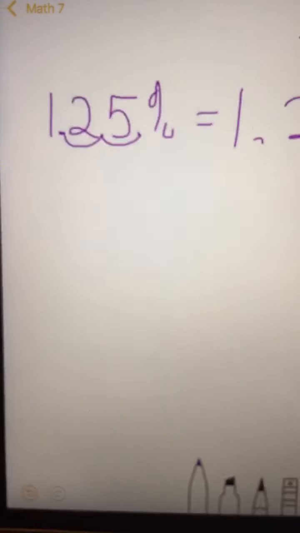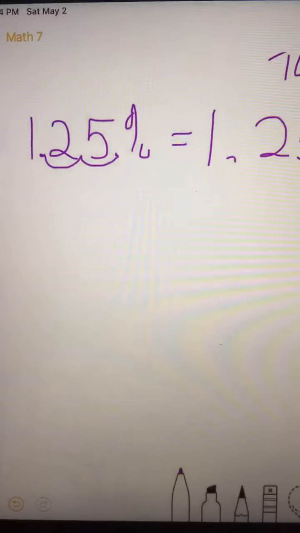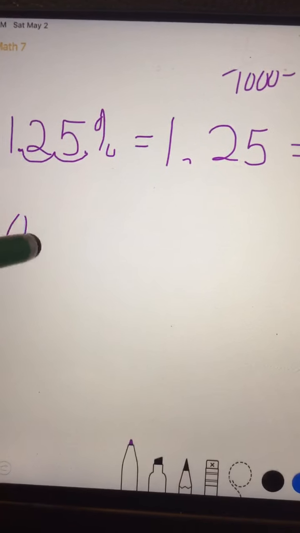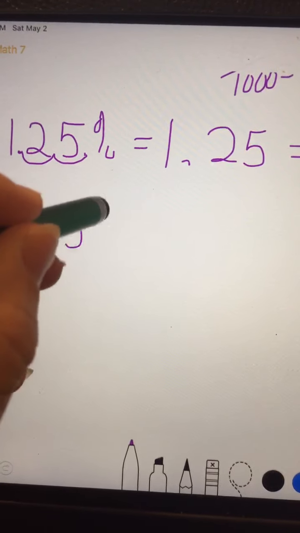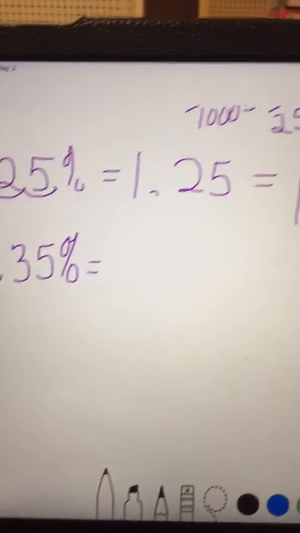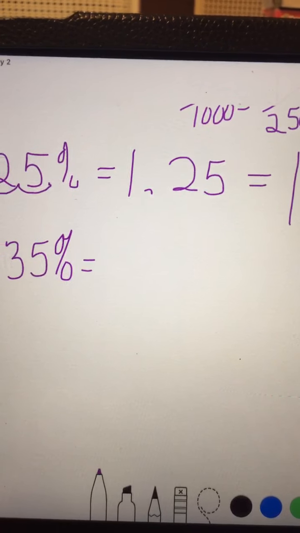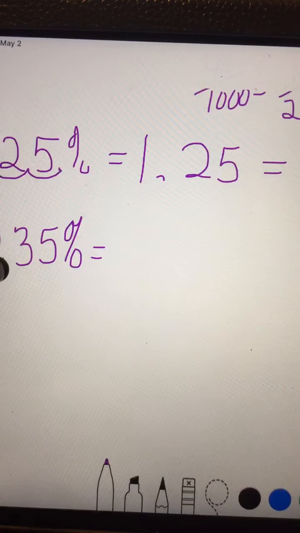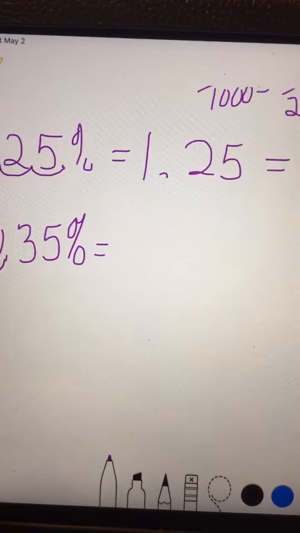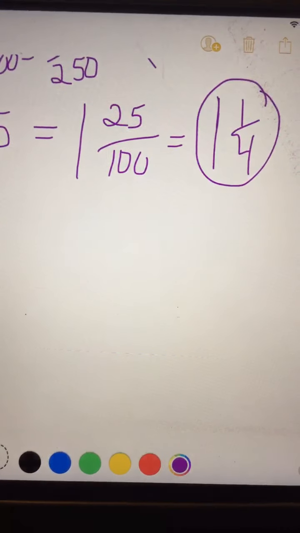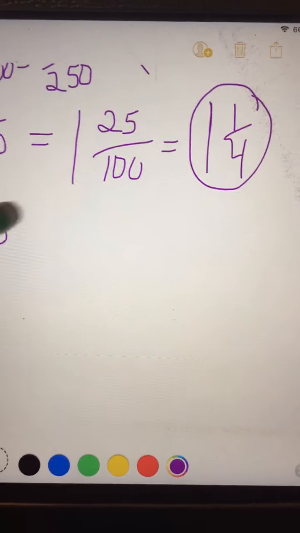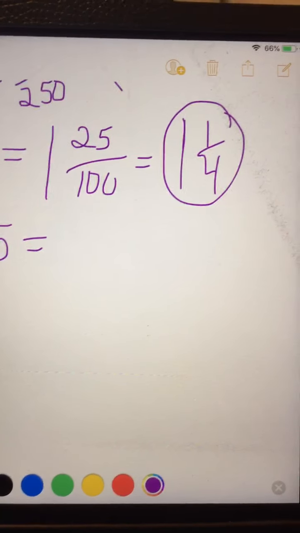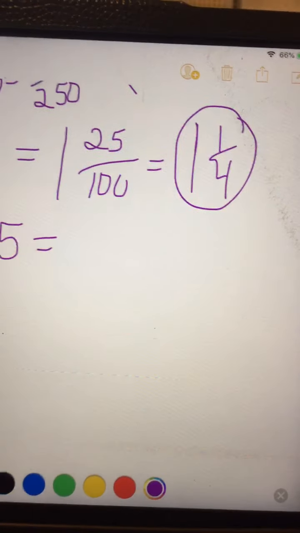Let's try quick check number 2. Write 0.35% as a decimal and a fraction. So again, we start with our decimal point, move it 2 places to the left, 0.0035, and we're going to change that into a fraction.